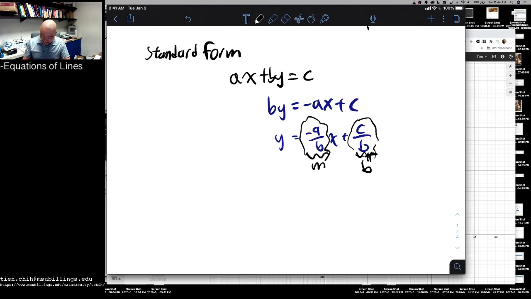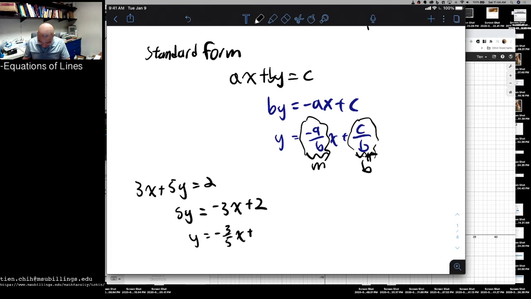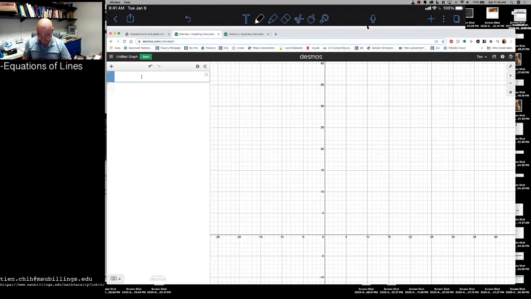So if I wanted to plot something like 3x plus 5y equals 2, what we note is that we can express this as 5y is equal to minus 3x plus 2, and so y is minus 3/5 x plus 2/5, and that gives us the slope-intercept form for this particular linear equation.